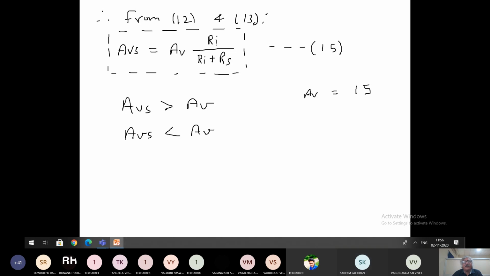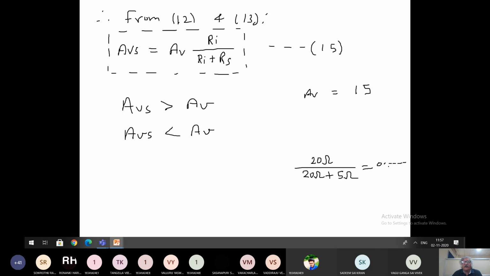True or false? Ri divided by Ri plus Rs. Suppose Ri is 20 ohm. Let us take just one value. Ri is 20 ohm, plus let us assume Rs is 5 ohm, right? Now what will be the value? 20 divided by 25. You will get in decimal, 0 point something.